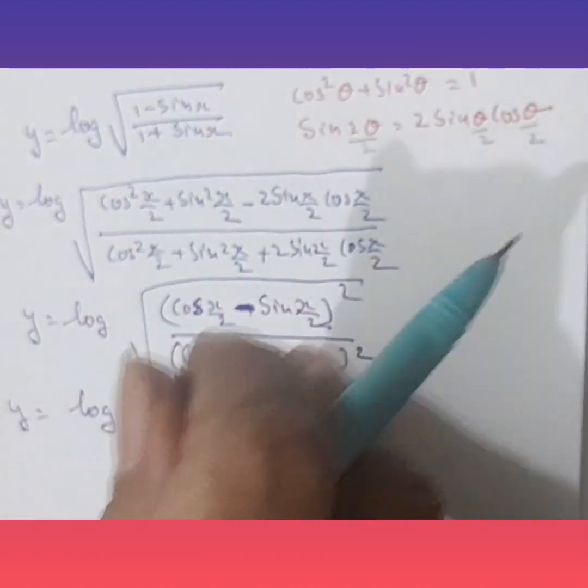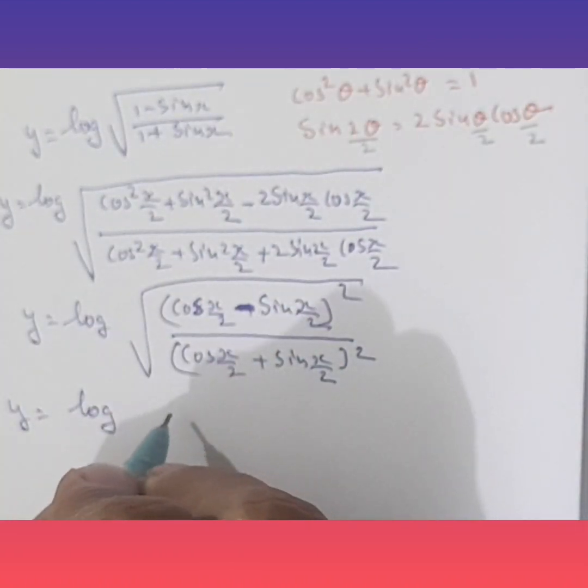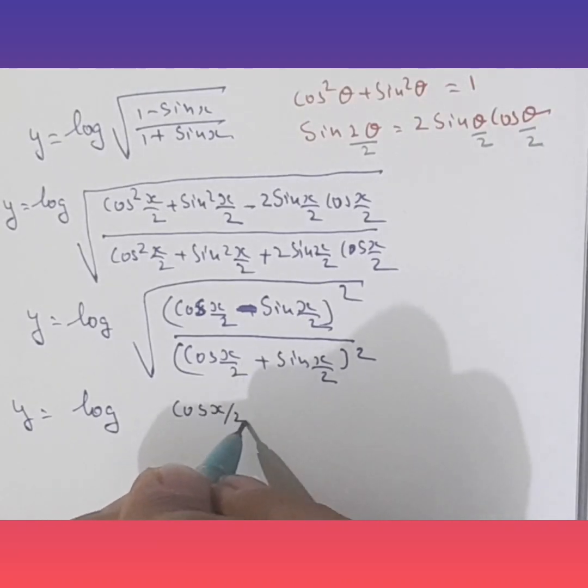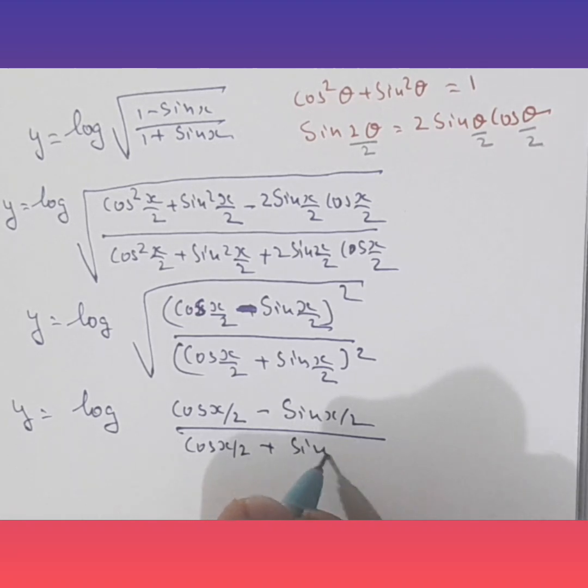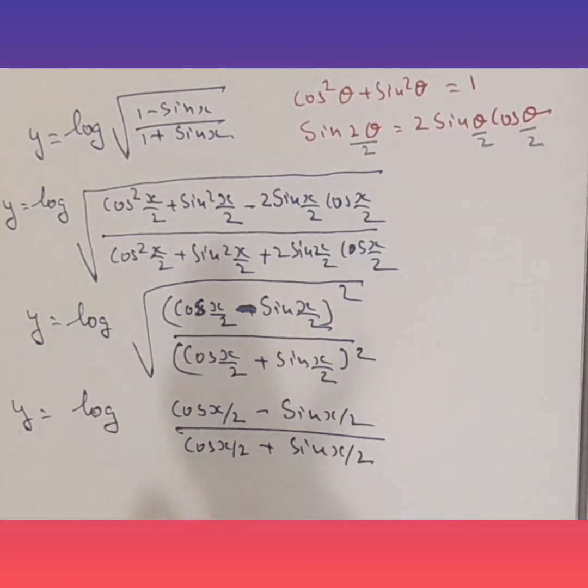It's total square, so the root goes away. So what we end up with is, alright, is it okay?